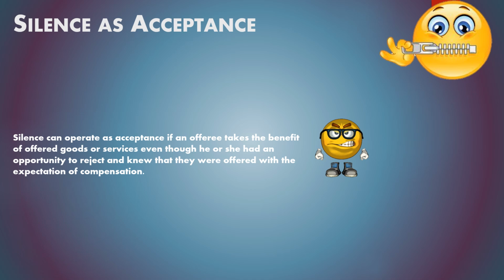Now, I knew that he was cutting the grass with the expectation of being paid because, as I said when I first started the story, little Johnny cuts grass for extra money. Everybody in the community knew that's what he did to make money. Right? So my silence served as acceptance because I could have said no, and I didn't. He cut my grass, and I knew he expected to be paid for doing it.